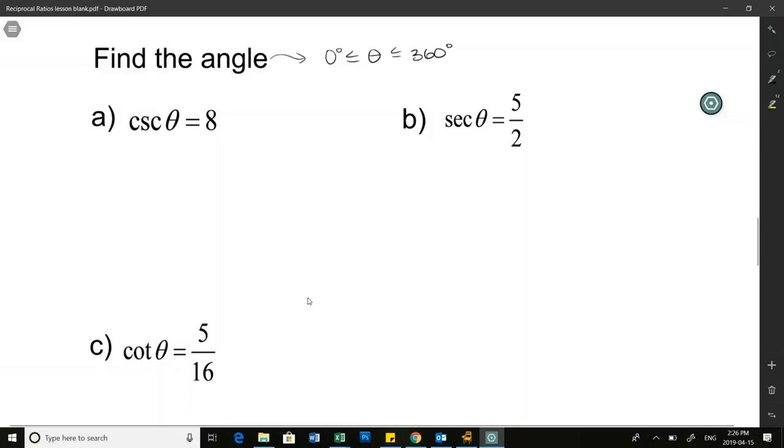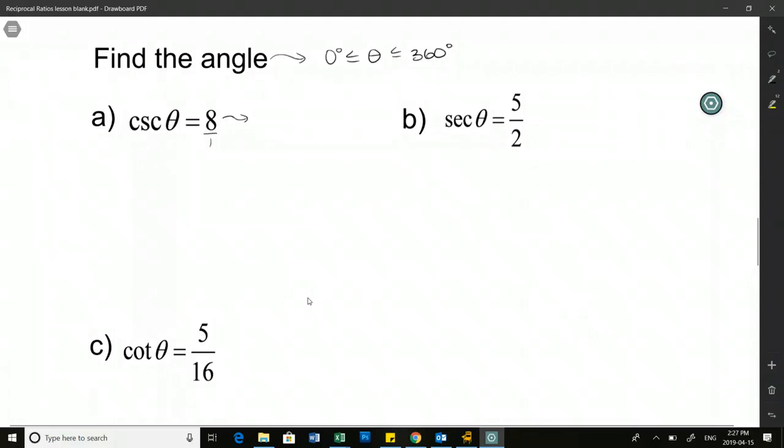Okay? We learned about this in our last lesson. If I'm approached with a secondary trig ratio, the very first thing I do is change it to its primary ratio, and then I solve as usual. So when cosecant is equal to 8, we want to think about it as 8 over 1, right?